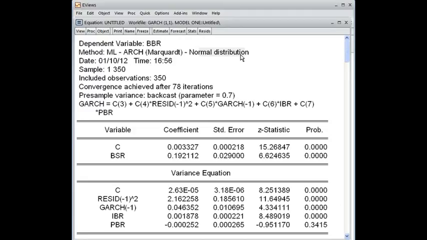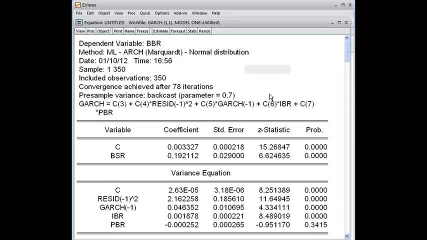A GARCH model will be best when there is no serial correlation, the residuals are normally distributed, and there is no ARCH effect.